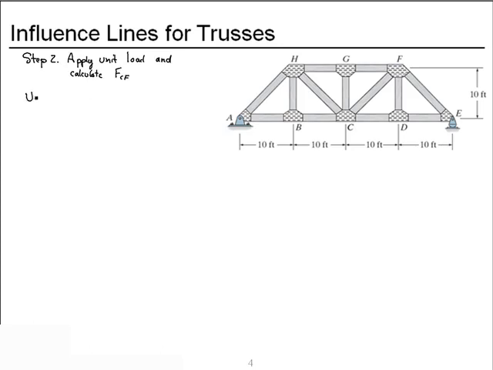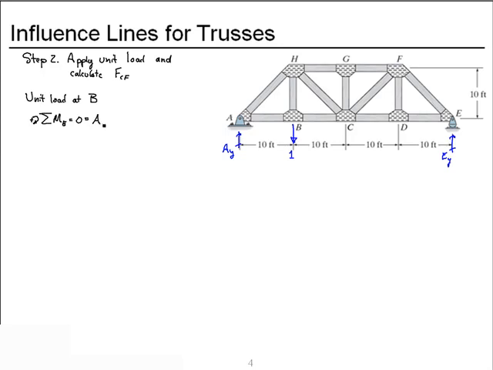And we'll start with the unit load at point B. We have our reaction AY, our reaction EY, and we'll sum moments about point E. We'll choose clockwise as positive.